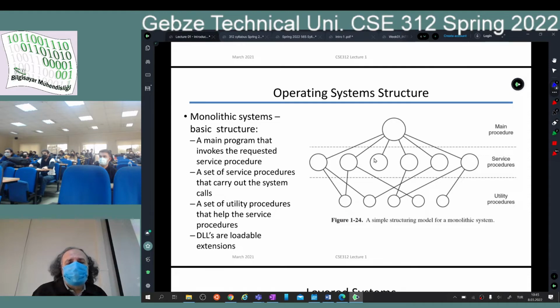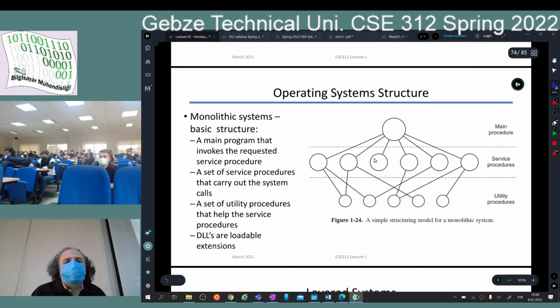Well, there is one program, but that doesn't mean it doesn't have any sub procedures. Of course, we have modules and service procedures regarding file management, file systems, memory utilization, CPU sharing, and CPU scheduling, etc. But there is no constraint on which one can call which.